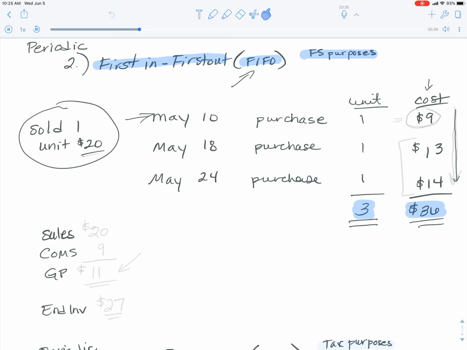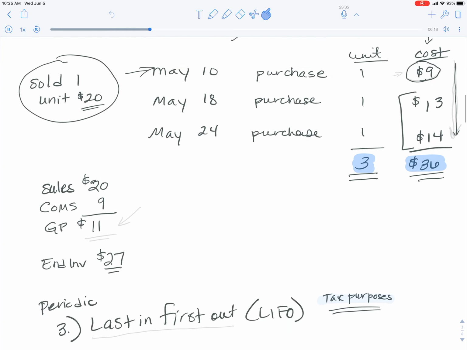Here it says we sold it for $20. We're going to use the first cost because this is how much it cost us for the first purchase. That makes our gross profit $11. Then if we sell the first one, the last 2 here are our ending inventory. So that's what's left in our balance on our balance sheet, an ending inventory of $27.